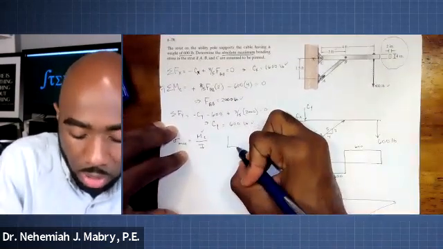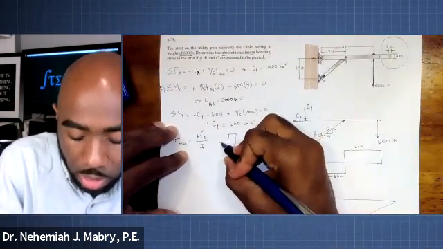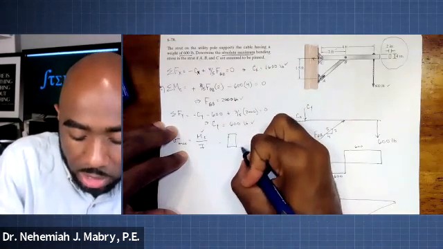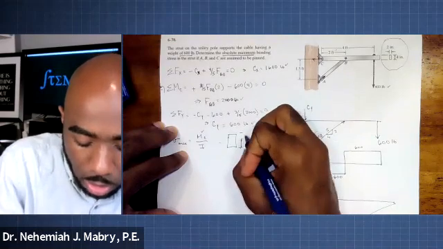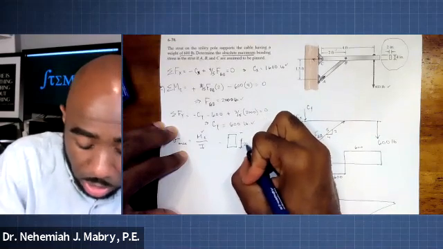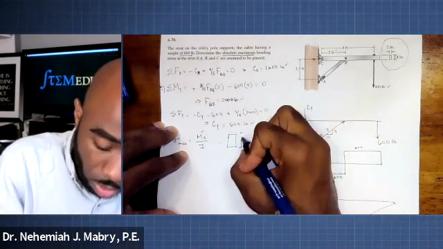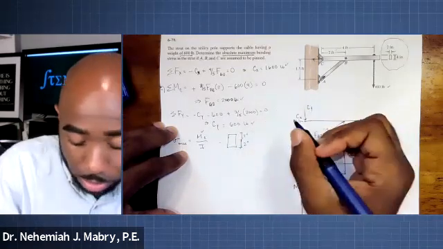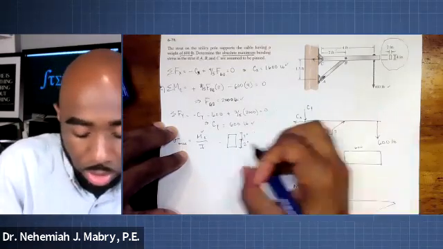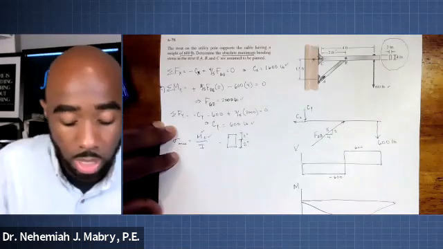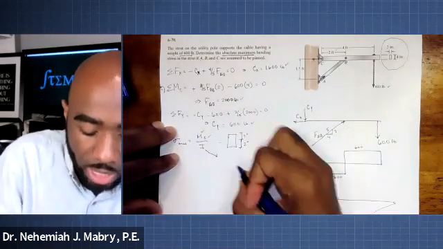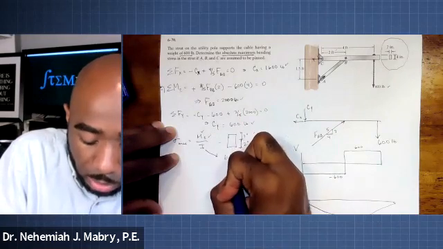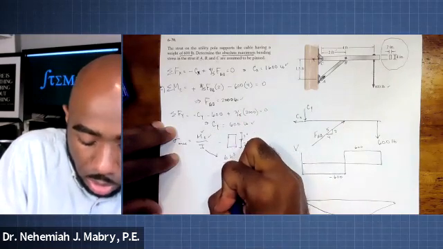So our cross section is like this. It's symmetrical. So the distance from the neutral axis is 2 inches, regardless of whether we're going to the top or the bottom. We're looking at absolute maximum, so it doesn't really matter. We know that's 2. And then we need the moment of inertia. It's a rectangle, so it's basically BH cubed over 12.